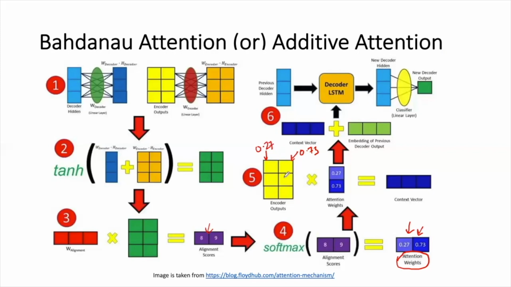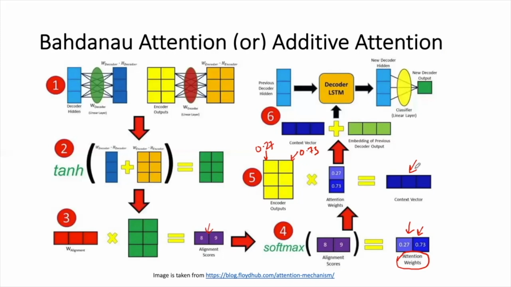That is another operation. It's like a mixture of all the encoder outputs that we are trying to find. Once we multiply with the attention scores, we add them up to generate this context vector. So the context vector is basically a linear combination of all our encoder outputs.